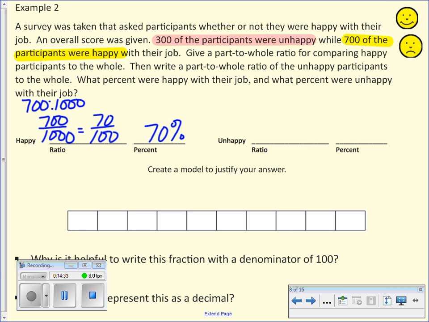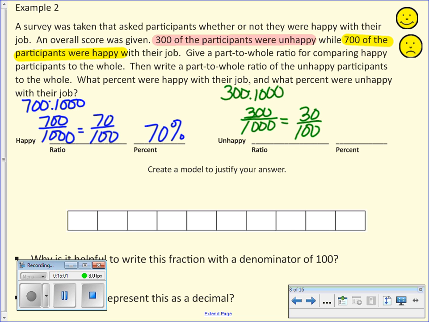Try to do the unhappy on your own. So unhappy, what's my ratio first? 300 to 1,000. That could be written as 300 over 1,000, which reduces to 30 over 100.